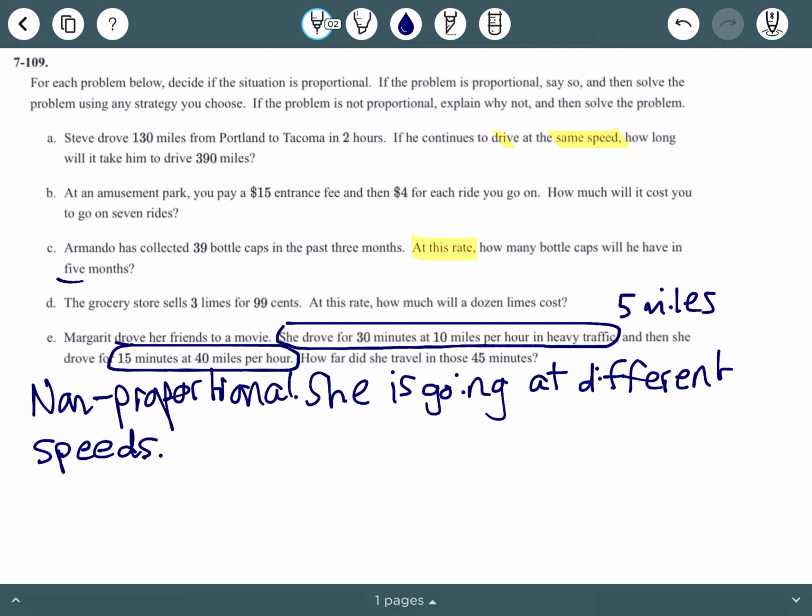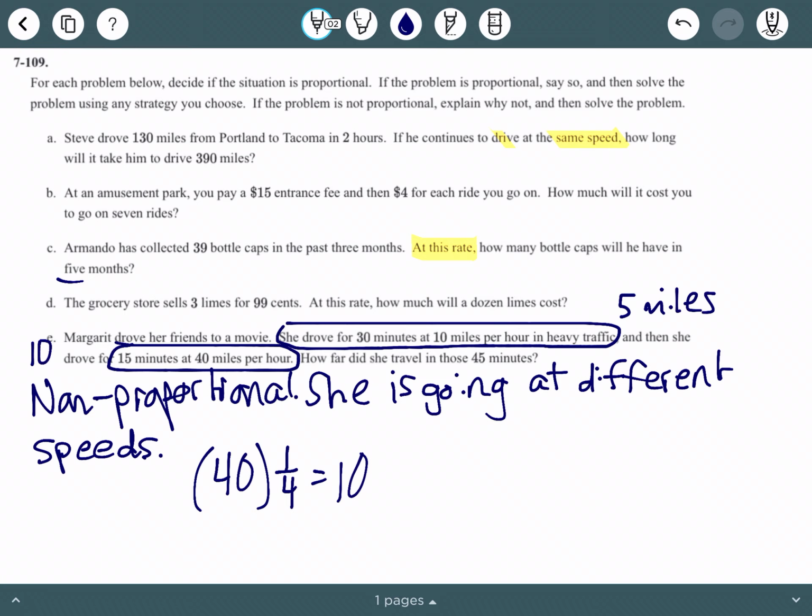So 1/4. So I'm going to take that 40 and multiply by 1/4, which is going to give me the 10 miles that she travels. So it's 10 miles in the second part of the trip.